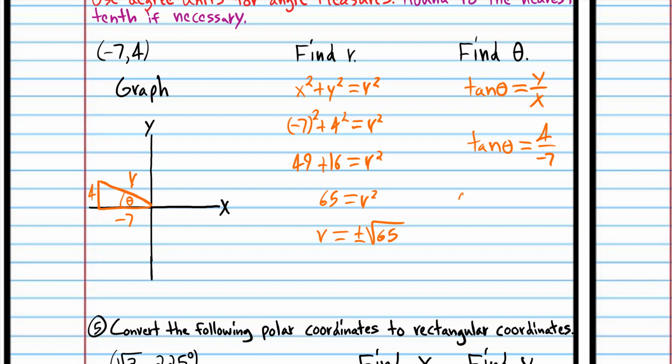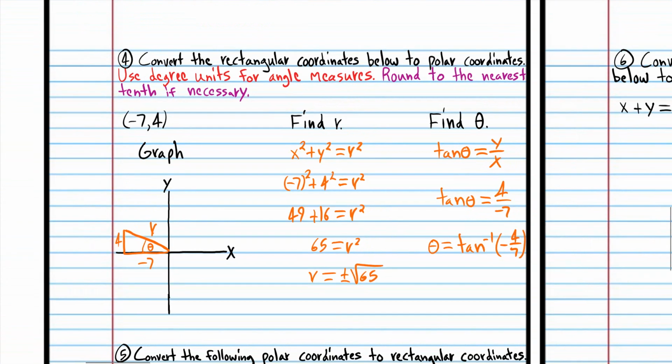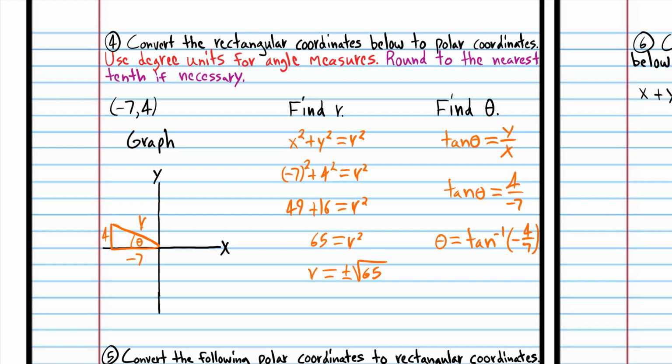It's not a recognizable ratio, so we need to use the calculator. So remember, in your calculator, we're going to enter tangent inverse of negative 4 over 7. So you want to make sure that you're in degrees. You can use radians, I guess, but it does tell us to use degree units, so you want to make sure you're in degree units. So push the mode button on your TI-84 Plus, make sure you're in degree units.